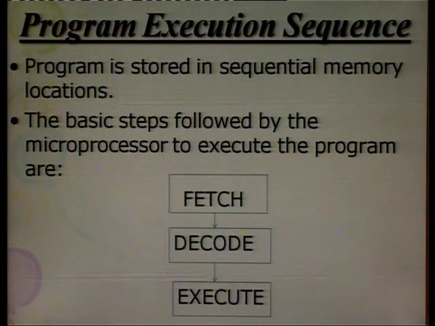First of all, the address of the memory location that is stored in the program counter is placed on the address bus, and in the first T state of the machine cycle, an ALE signal, that is the address latch enable signal, is generated, and the low order address bus is latched in an external latch.